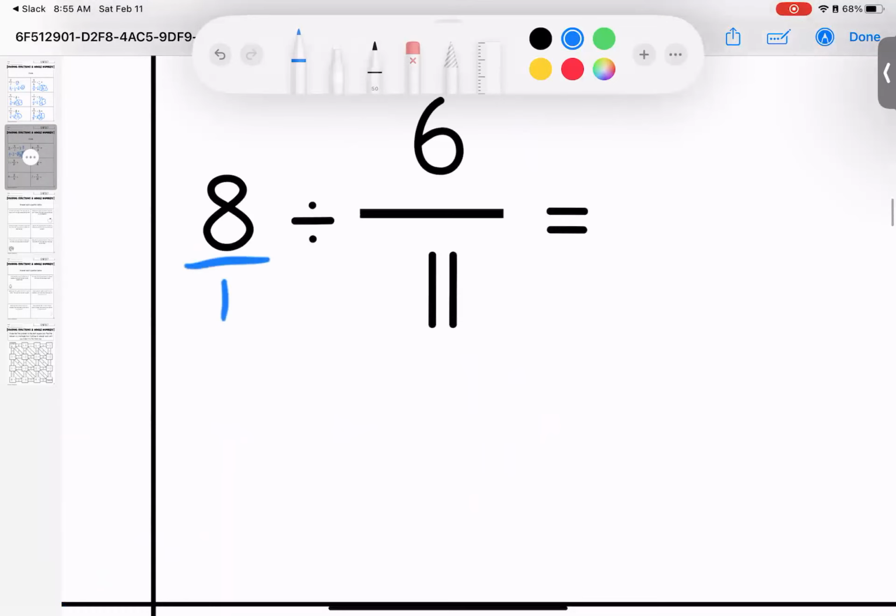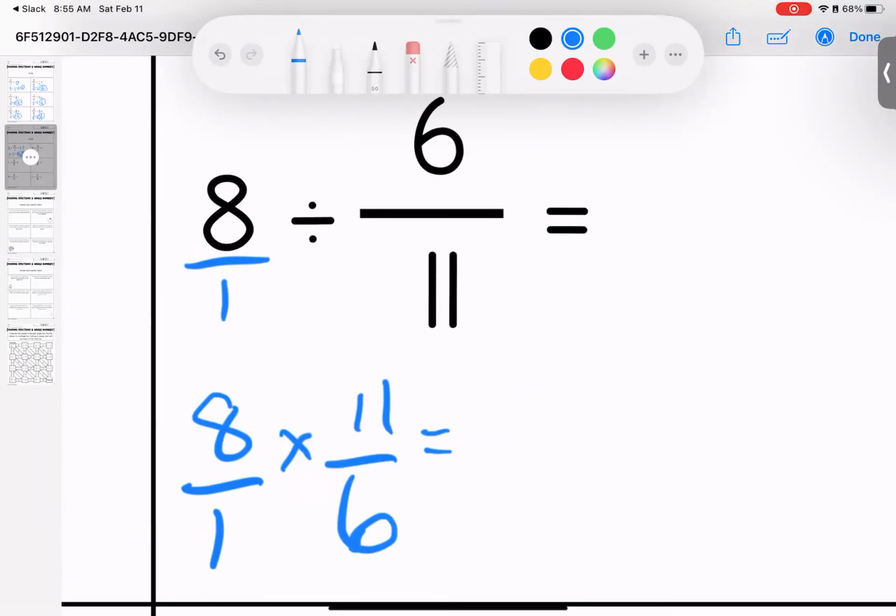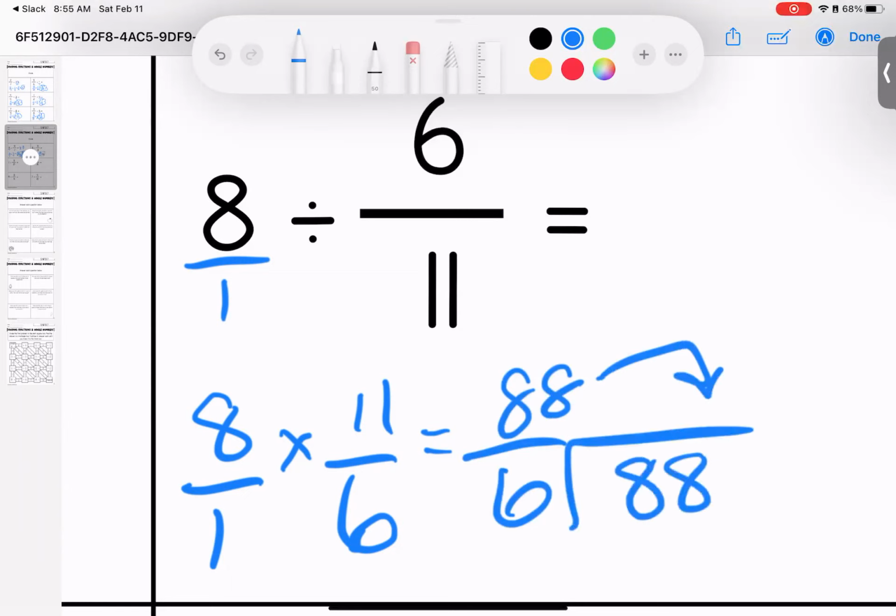Popping over here. Keep, change, flip. You'll notice with these, we're going to have a lot of top numbers that are bigger than the bottom. Actually, everyone, so we needed to simplify. 88/6. Give it a shove. Conveniently falls into our division house. Goes in 1 time.